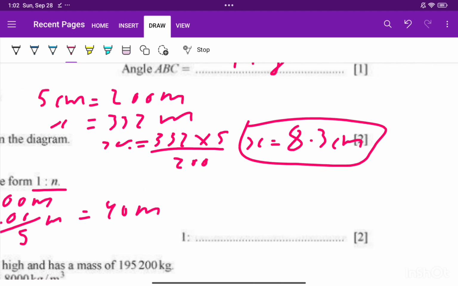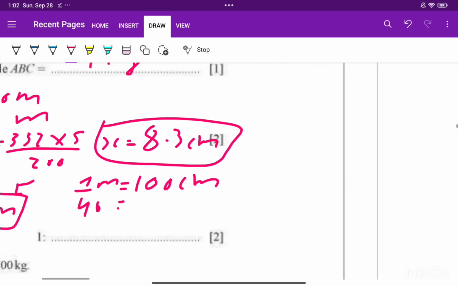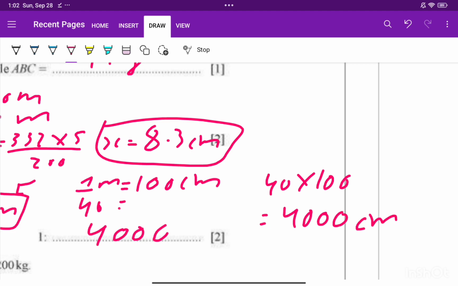So we know that 1 meter is equal to 100 centimeter. So 40 meter will be equal to what? We will multiply 40 with 100. It will give us the answer 4000 centimeter. So we'll write 4000.